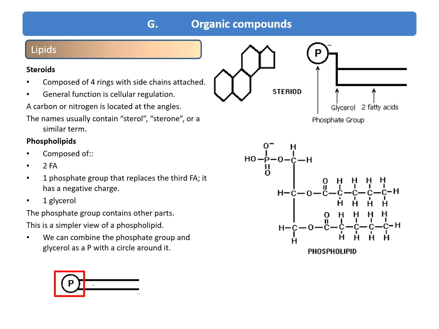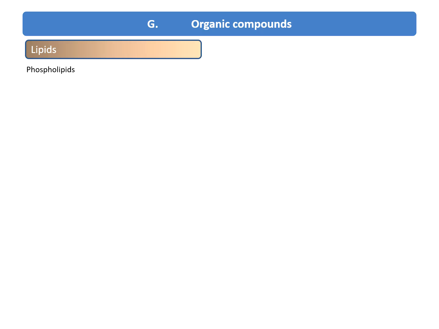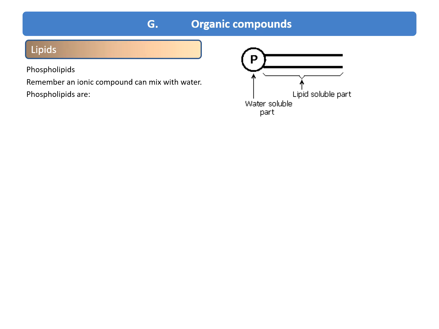We can combine that and simplify it further to look like this. The P with the circle represents, in this case, the phosphate group and the glycerol, and the 2 fatty acids project out to the right. Before continuing, let me remind you that ionic compounds can mix with water, and phosphate groups contain a negative charge.